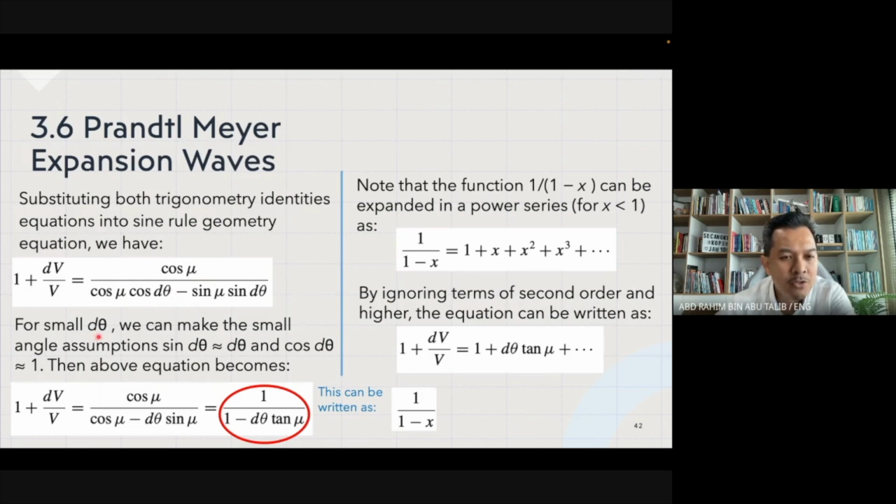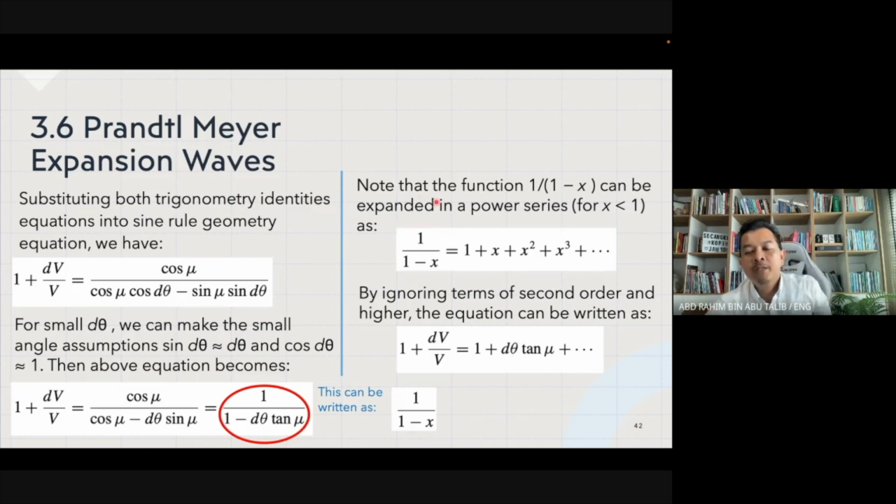And then for small change of theta, we can make the small angle assumptions where sine d theta is equal or near to d theta itself, and cos d theta equals 1. And then the above equation becomes this expression, which we can rewrite as 1 over 1 minus d theta tangent mu, equal to 1 over 1 minus x.